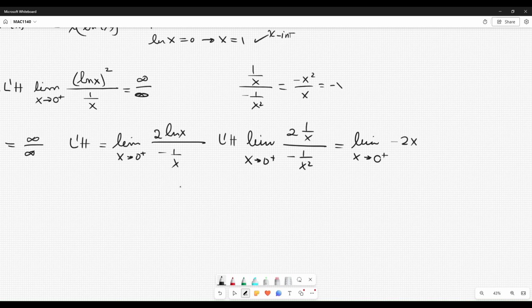Minus x. And don't forget the 2. Now plug in, es 0. And the answer is 0, no positive or negative infinity. That means we have no vertical asymptote. The vertical asymptote does not exist.